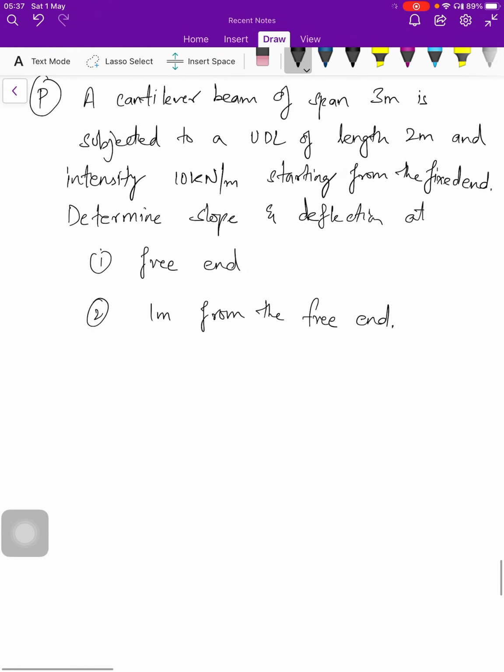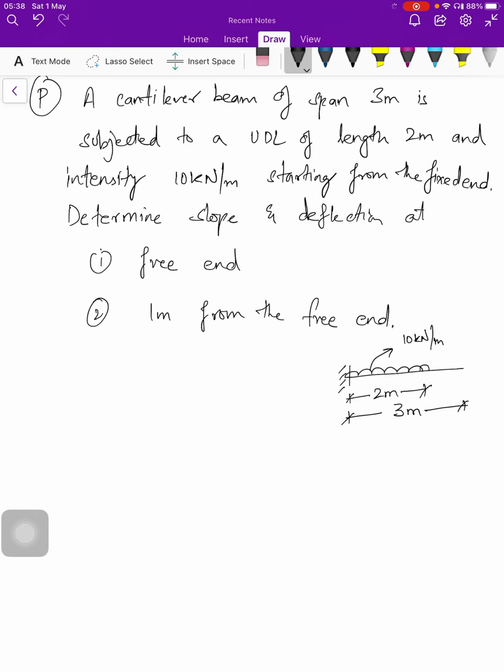So you are given a problem like this. You have a cantilever beam of span 3 meters. So this is a beam like this of span 3 meters. It is subjected to a UDL of length 2 meters, which is shorter than the span. The intensity given is 10 kilonewton per meter, and the UDL is starting from the fixed end. So you are asked to calculate the slope and deflection at the free end and at 1 meter from the free end.